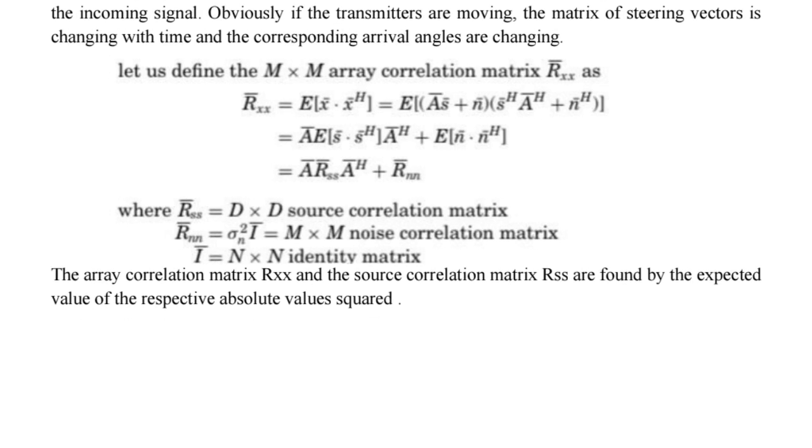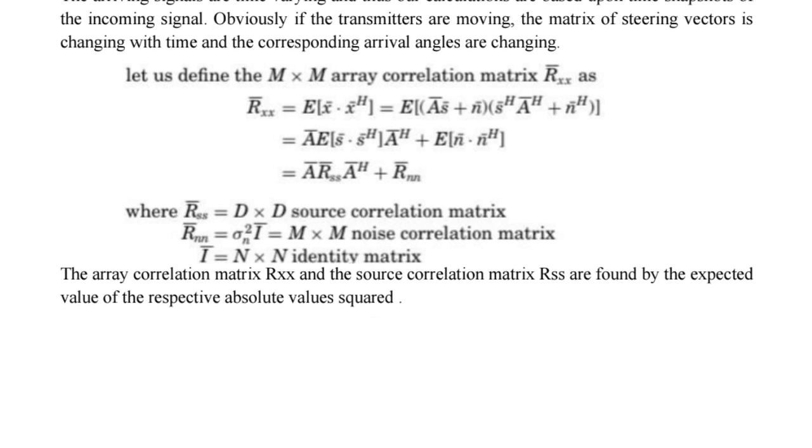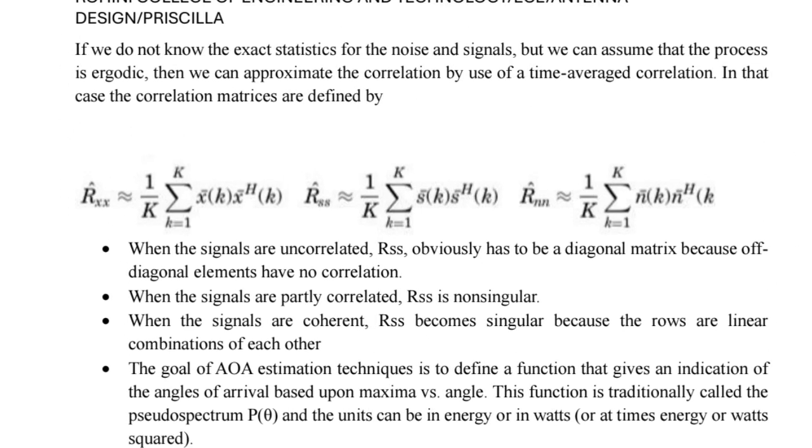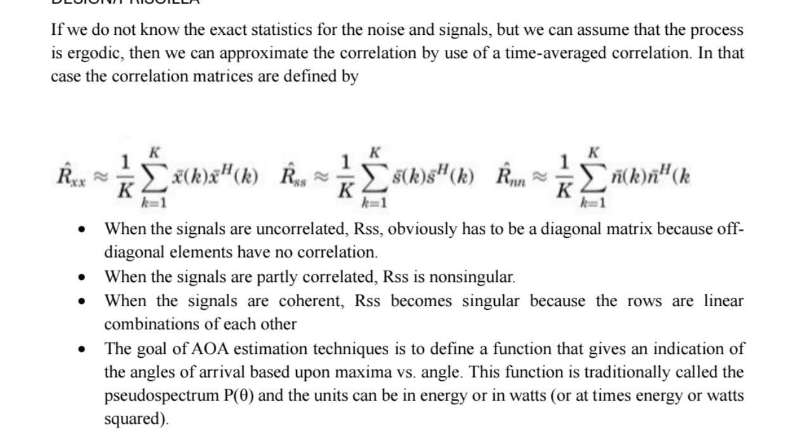The array correlation matrix Rxx and the source correlation matrix Rss are found by the expected value of the respective absolute values squared. Now if we do not know the exact statistics for the noise and signal, we can assume that the process is ergodic, then we can approximate the correlation by use of the time average correlation.